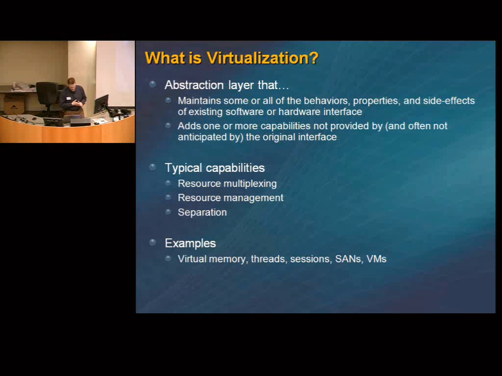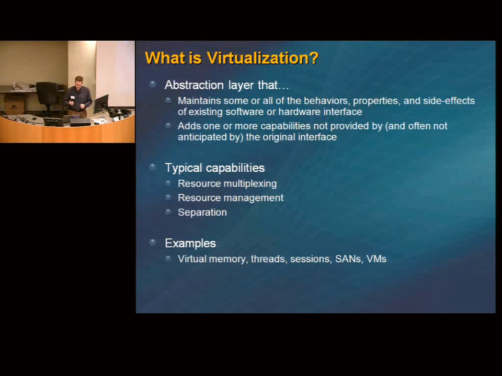In some ways you can think of virtualization as an after-the-fact hack to make something work. The reason that you do that, as opposed to redesigning the thing, is because there's some value to that interface, usually some backward compatibility that has been built up that you want to retain. So there are some good aspects of that interface, but you want to extend it somehow.